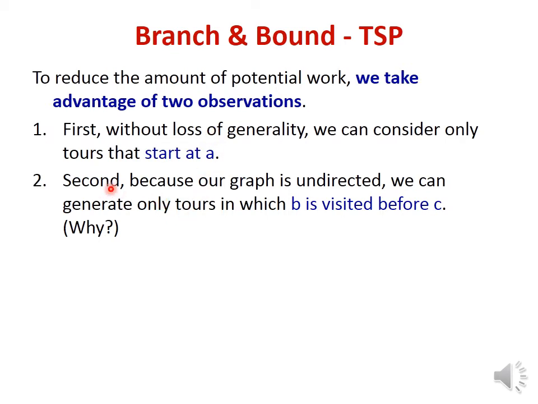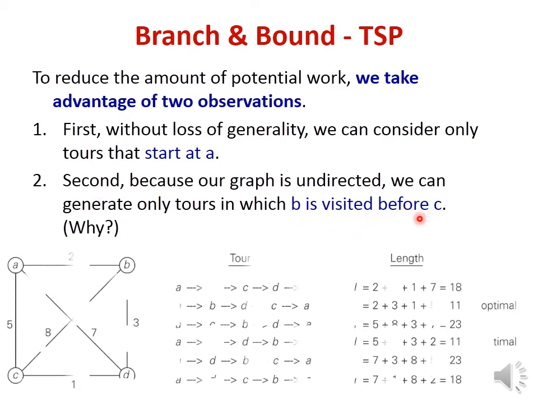The other assumption is that because our graph is undirected, the path A, B, C, D, E is the same as E, D, C, B, A. The 2 paths lead to the same cost. So we can assume that B is visited before C, just to avoid these reversal paths.